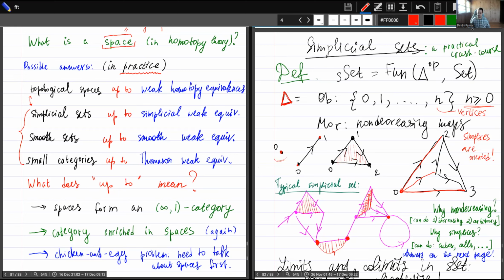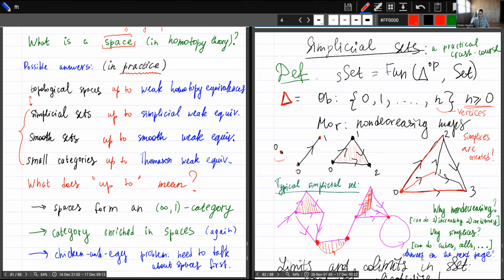Maybe we'll make our lecture a bit interactive. Let's use a poll, like we did last time. How many of you have seen simplicial sets before? Maybe we can use this reaction feature.